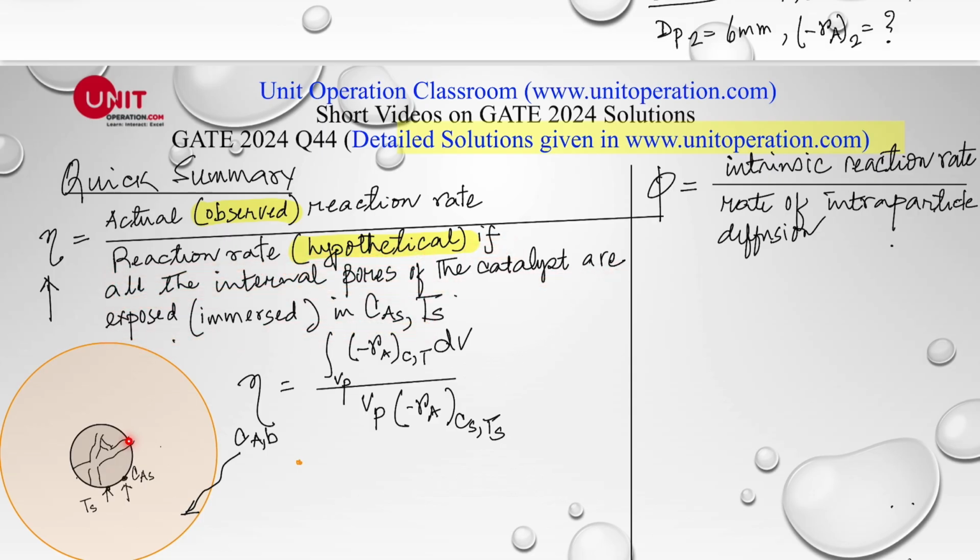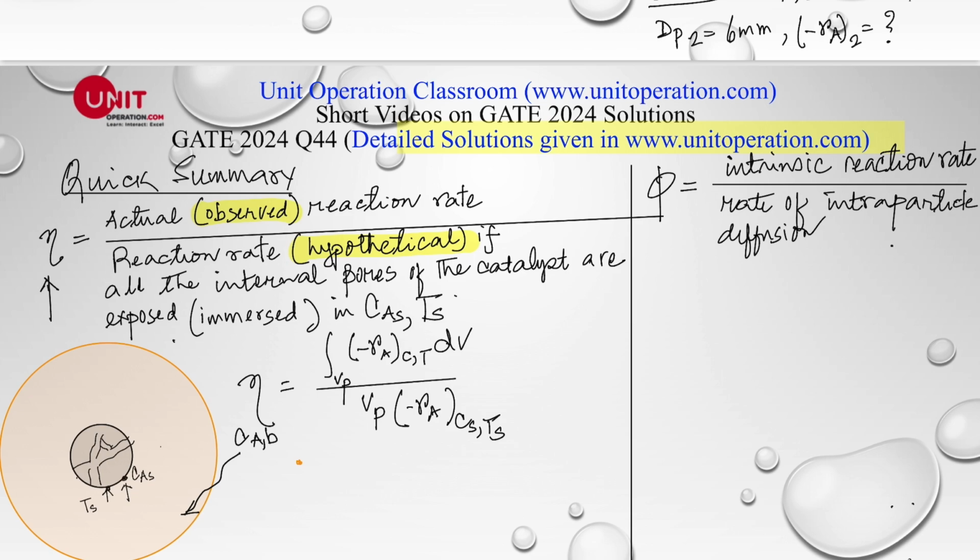We know there's a difference in concentration, because Cs is the concentration at the surface, and the reactants have to go inside the catalyst pores, and while going there is a concentration gradient. So there is diffusion inside the catalyst pores.